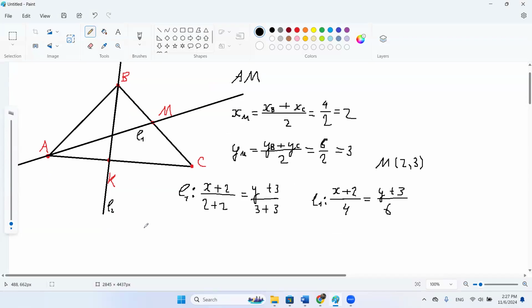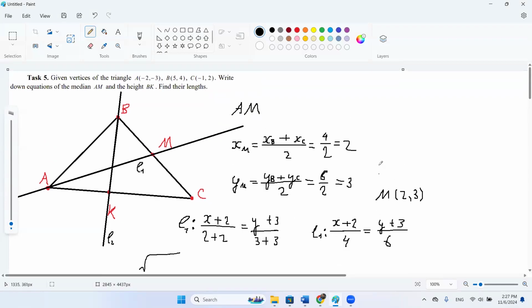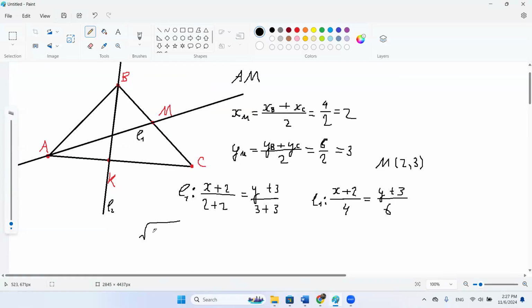I won't ask you how to find the length, because it's the square root of the sum of squares of the differences between these points. So square root of 2 plus 2 in power of 2 plus 3 plus 3 in power of 2. Basically AM.